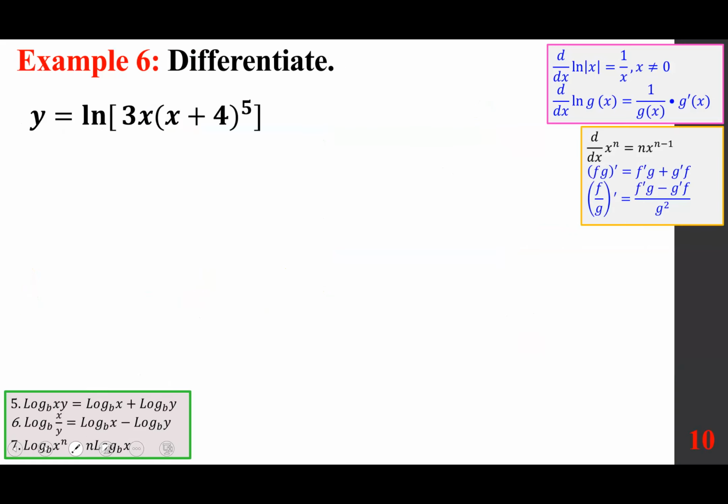Here's another example. If I want to differentiate this just without the properties of logs, I have to flip this over, not a big deal. And then I'm going to differentiate that. That does take some time, okay? And it's a lot easier if I decompose the log first.